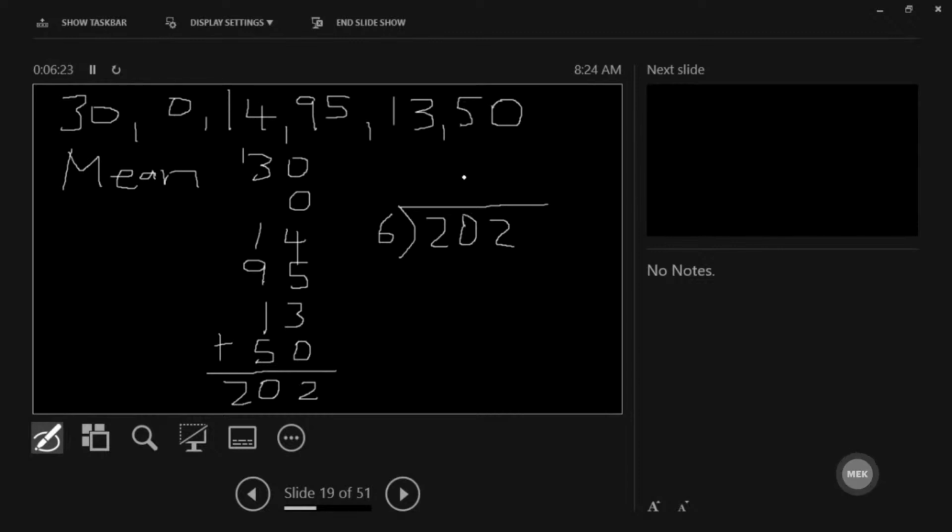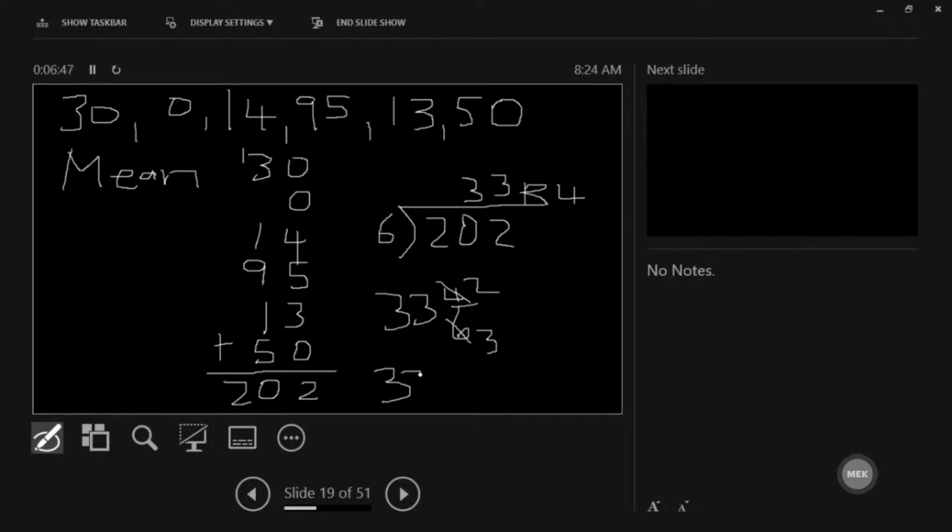So 6 into 20 goes 3 times, remainder 2. And 6 into 22 goes 3 times. Remainder 4. So it's 33 and 4 over 6, or 2/3.